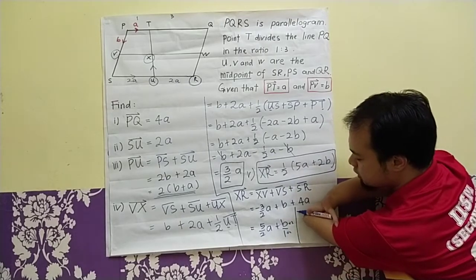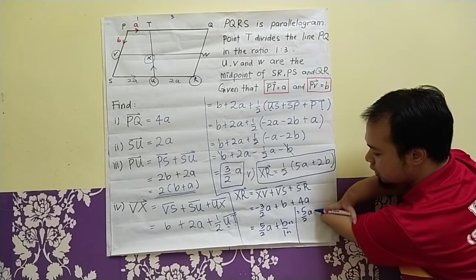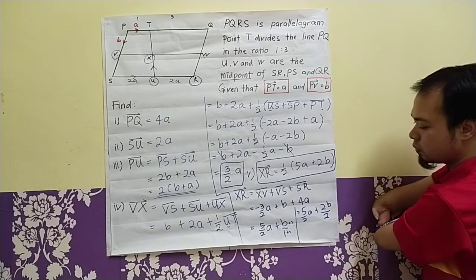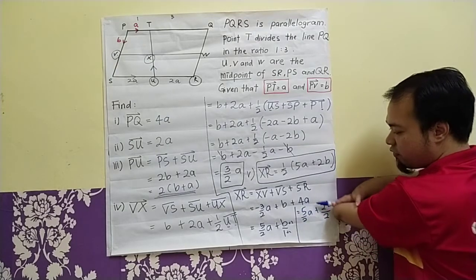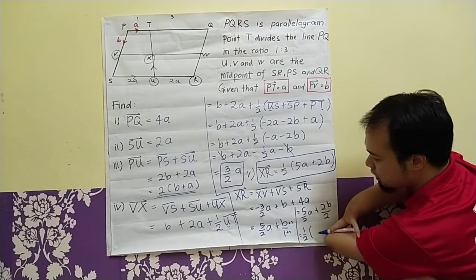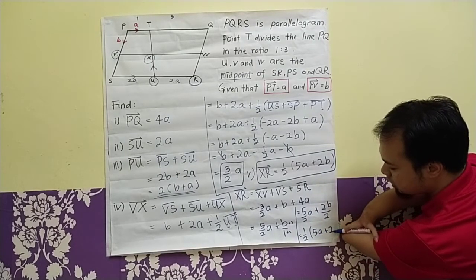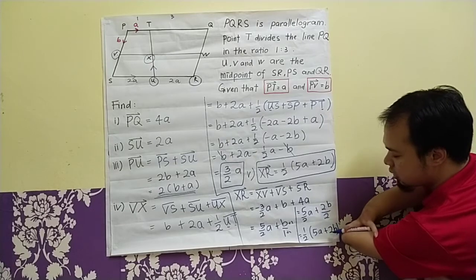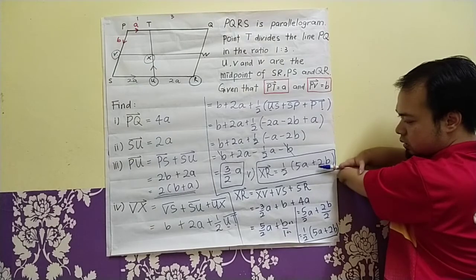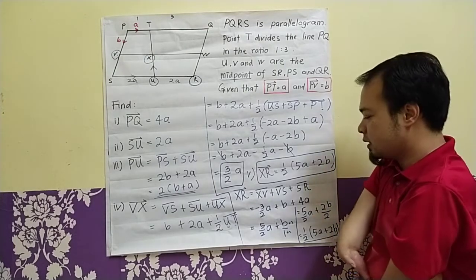So you get 5/2 a plus 2b/2. Then we take out half outside. So half in bracket, 5a plus 2b. So this is the same. Clear? Any question?